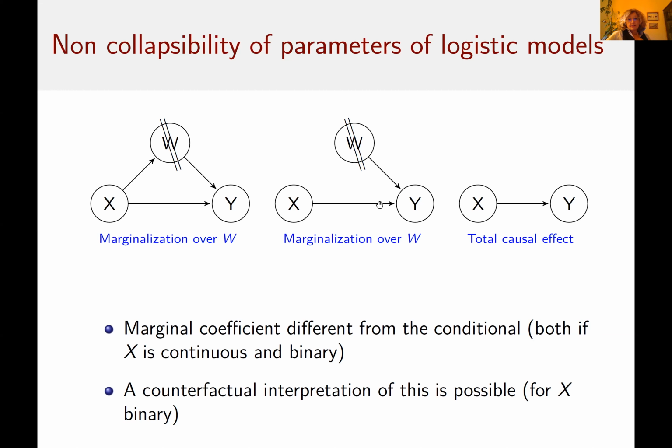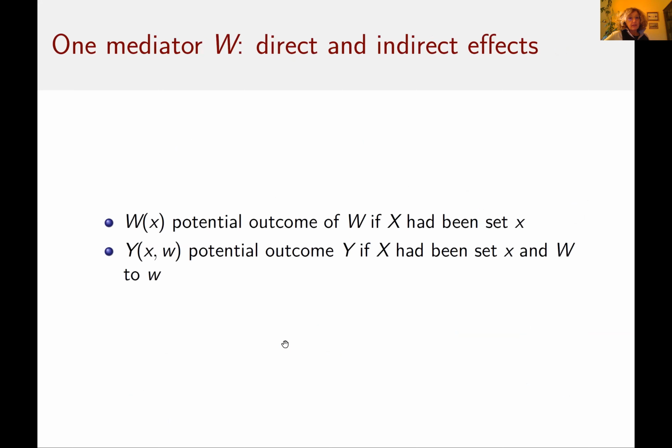We know that this coefficient here is the log odds ratio when you condition on the level of W in the 2x2 table, and here is the log odds ratio in the marginal table. In this second context, when X is binary, I always consider W also binary. There is a possibility to interpret the non-collapsibility, and I will show it later.